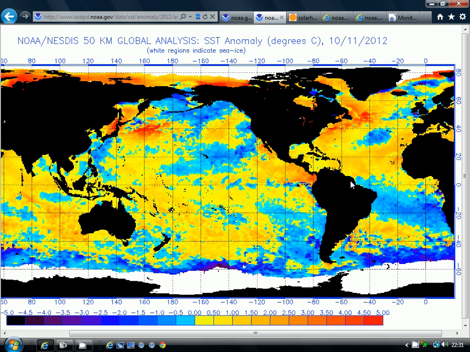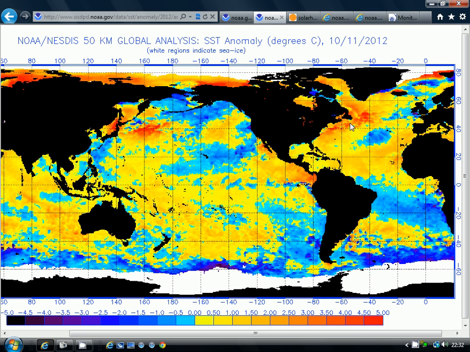Now, having a look at the Atlantic, and we can see that again we've still got the tripole. We've got this warm area here through the tropical Atlantic, quite warm, and then we've got a cooler band here through the mid-Atlantic, and then we've still got that warm mass of water, very warm mass of water actually, to the south of Greenland and around Newfoundland.